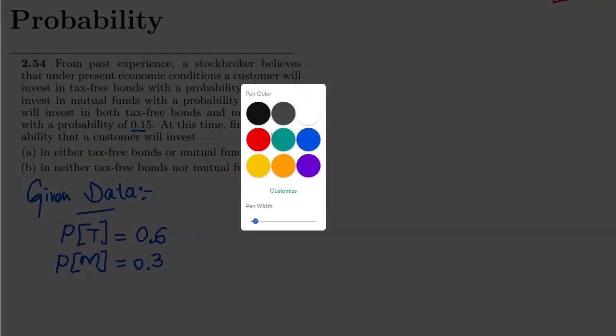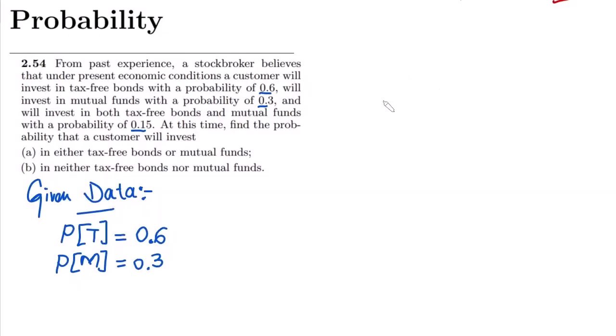Previously I have told you that the intersection is used as an and sign, in which both of the conditions have to be satisfied. Similarly, U is the union, which is used as an or, in which any one or both can apply together. So this is the or condition: either one, or the second, or both.